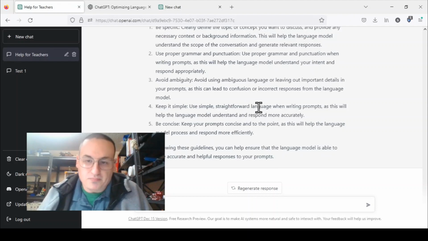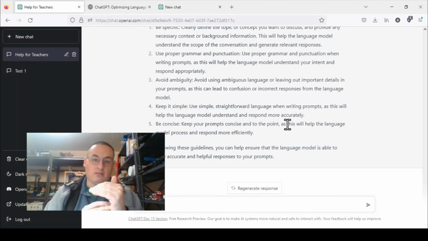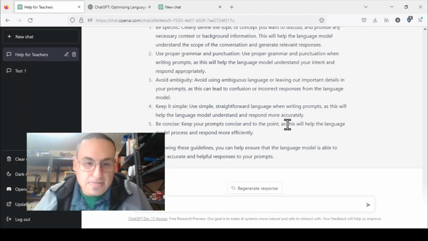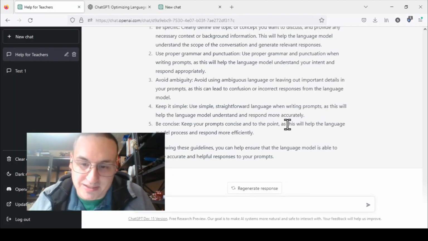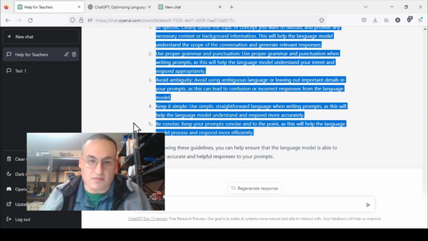Keep it simple. This applies in pretty much all of engineering and STEM. And keep straightforward language when writing prompts. And again, this just helps give a focused start from the beginning to give a more concise answer. Be concise, keep your prompts concise and to the point, as this will help language models process and respond more effectively.